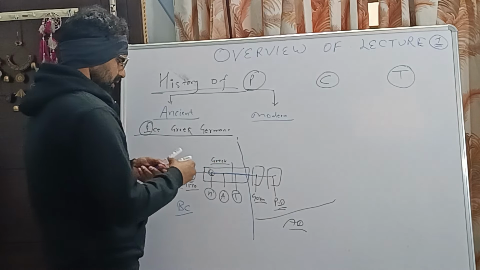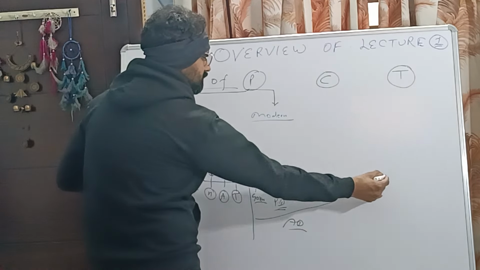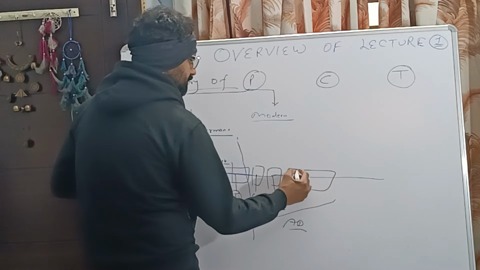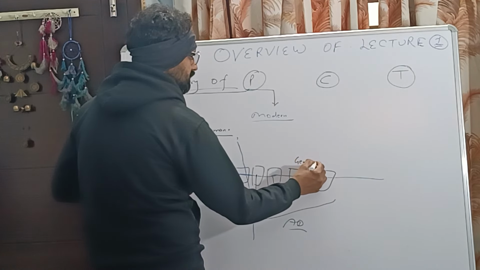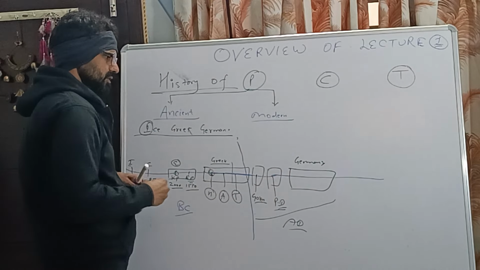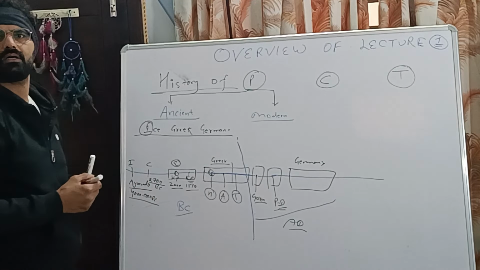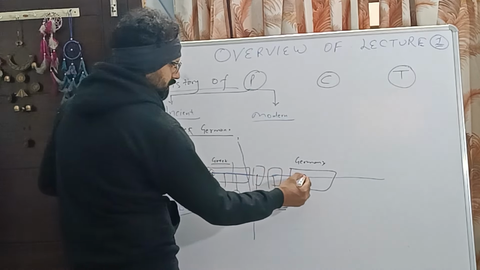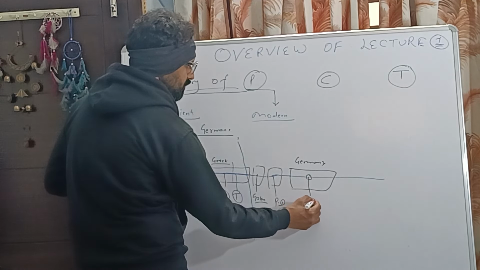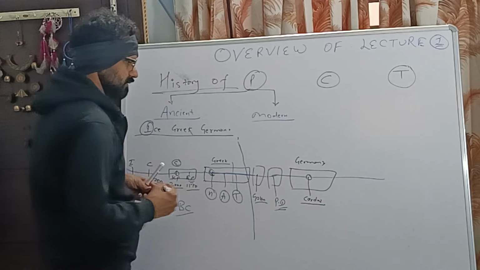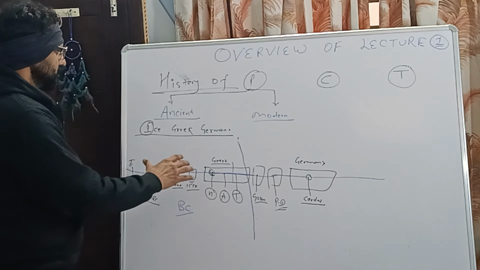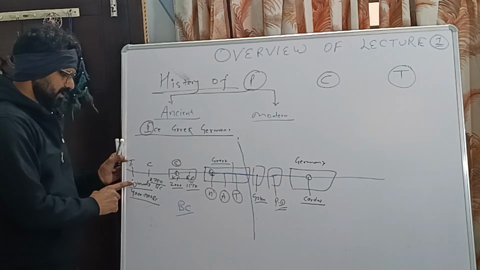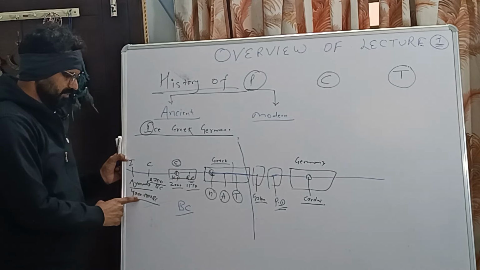After this, the last period is Germany. Last is Germany. In this Germany, there is Valerius Cordus. So this is the ancient history which starts with India, that is Ayurveda period, 5000 BC.